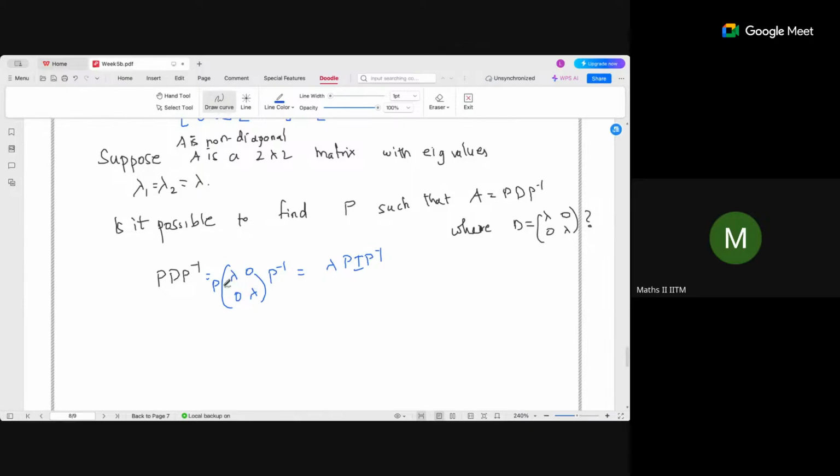If I take lambda out, this is just the identity matrix, right? This is lambda times identity. So this is lambda times P P inverse, and P P inverse is again identity. So this is just lambda 0 0 lambda, and this is not equal to A. It is not possible.